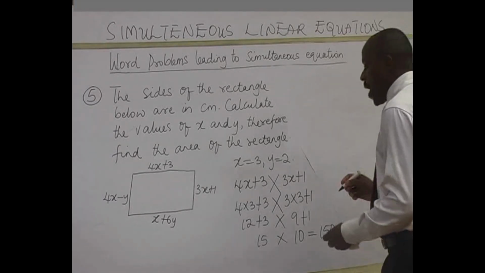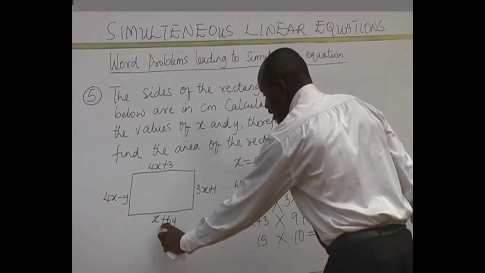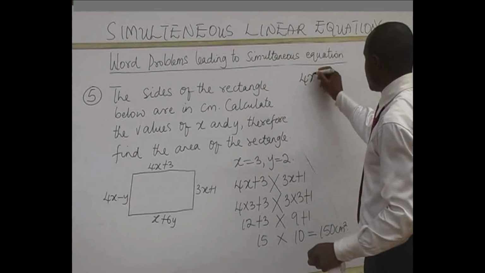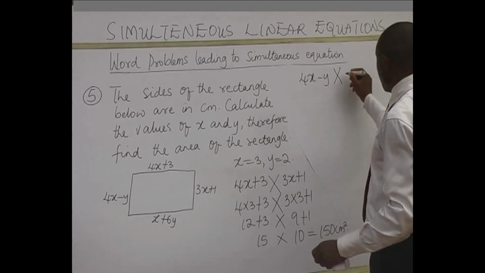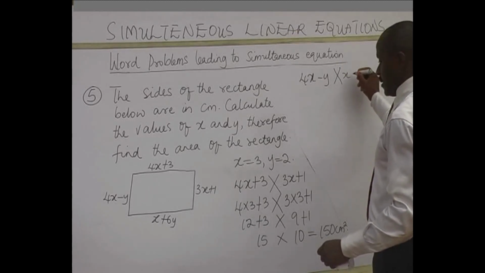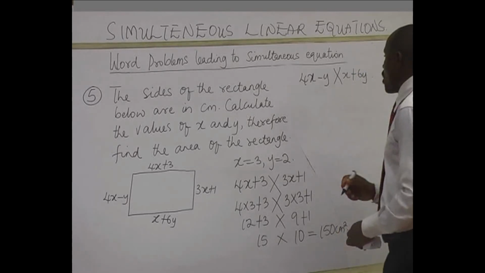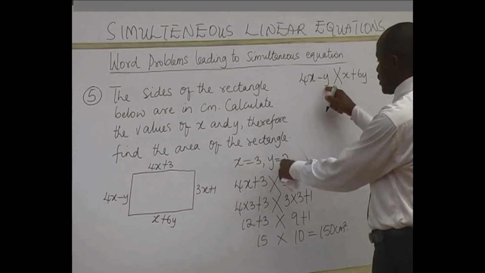Now the second one, multiplying 4x minus y and x plus 6y. We have 4x minus y times x plus 6y. We're going to have x is 3, y is 2.